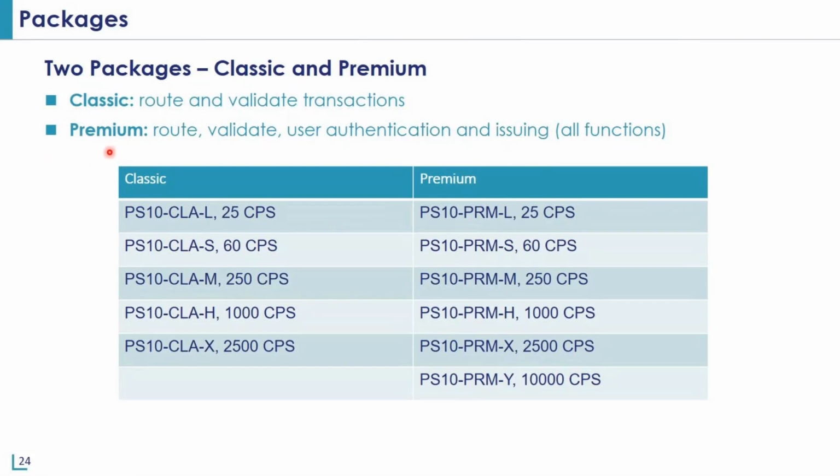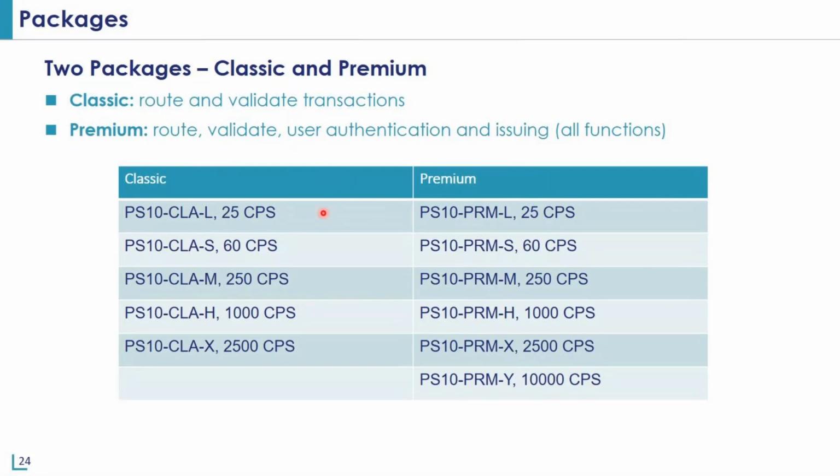But if you are a financial institution, if you work for a bank, then you have to also perform user authentication. You also have to perform card issuing. Then for that you require a premium package. These are the two levels, that is classic and premium. Then we have package licenses based on the performance level.